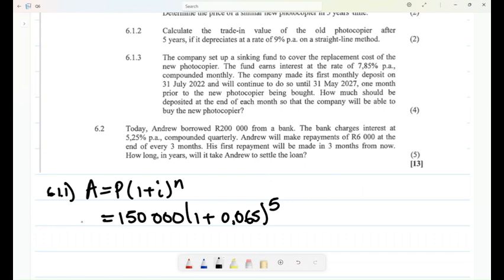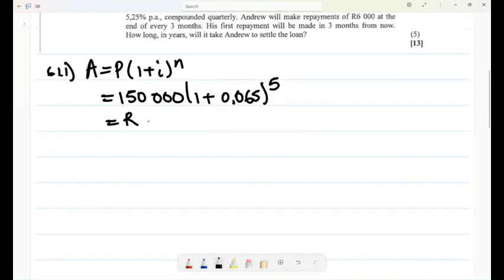I get an amount of 205,513. Let me see if I did not do any mistake in my calculation thereof.